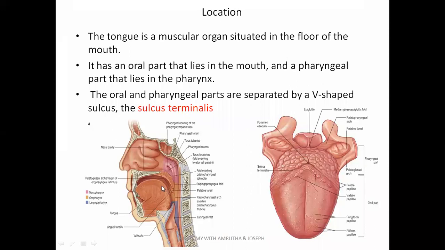So the tongue occupies the mouth, that is called the oral part, and some part of the tongue is located in the pharynx, that is called the pharyngeal part, this area.